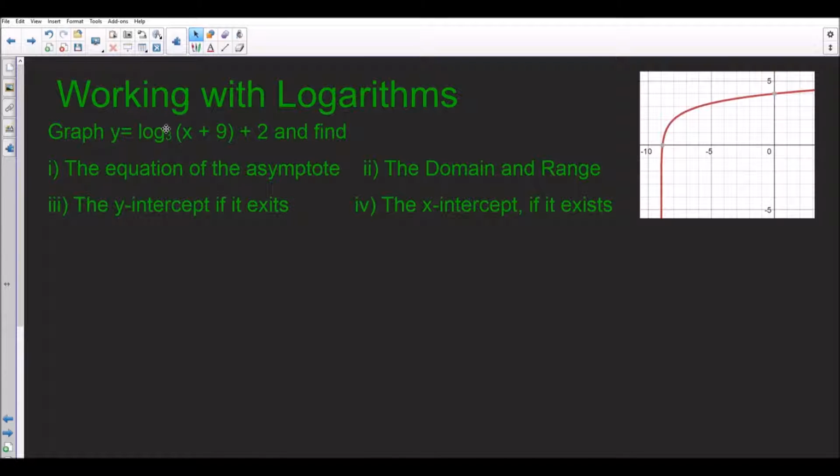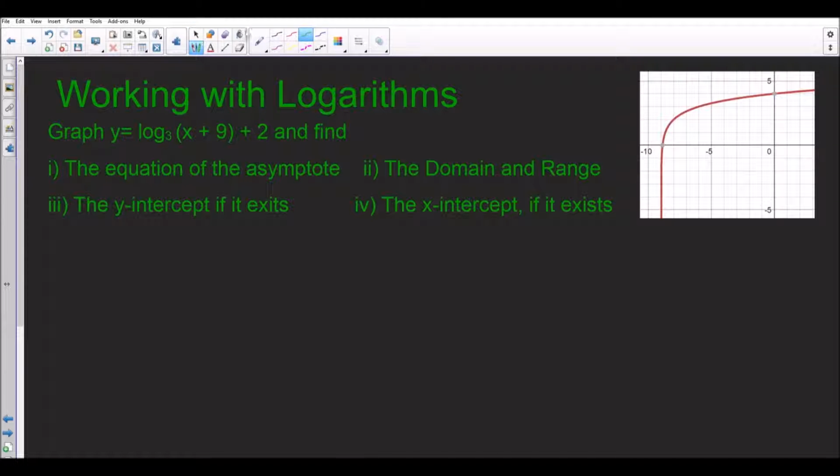If you just put in log, it doesn't give you an option to put in the base, because it just gives you log base 10 as a standard. So you need to find something that says log and has a little letter underneath so that you can put in the base to graph it in the software.